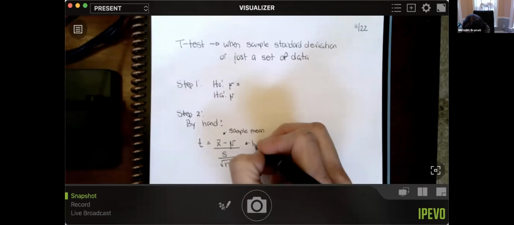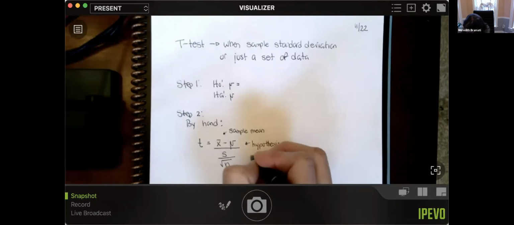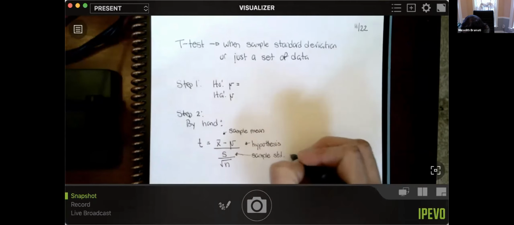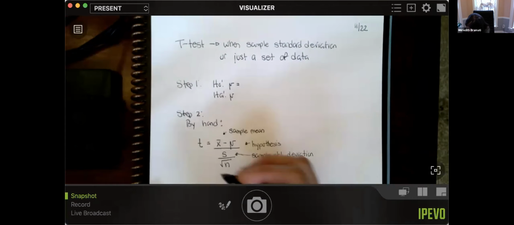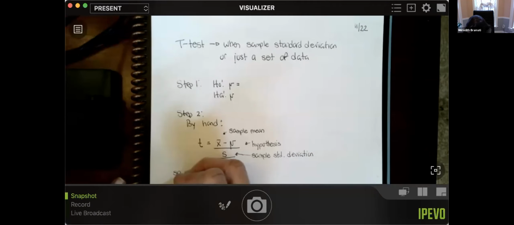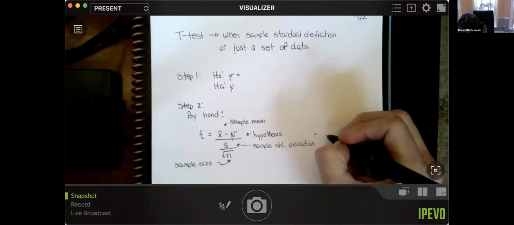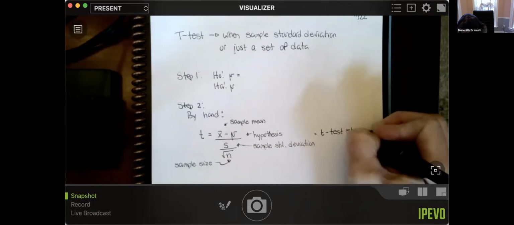This is from the hypothesis. This right here is sample standard deviation. And then that guy right there is sample size. We've seen all of these. This gives us our t-test statistic.